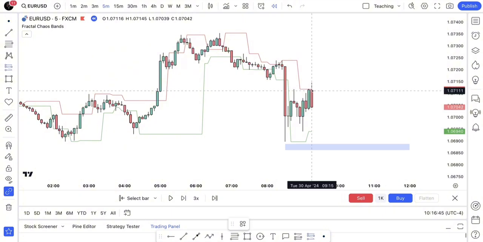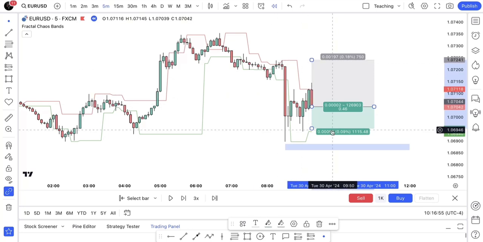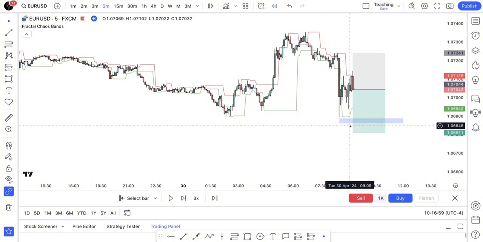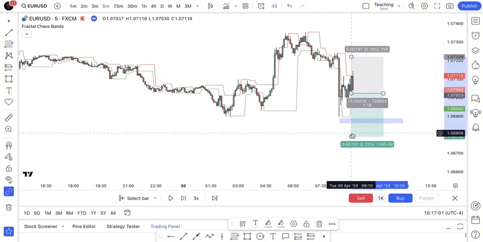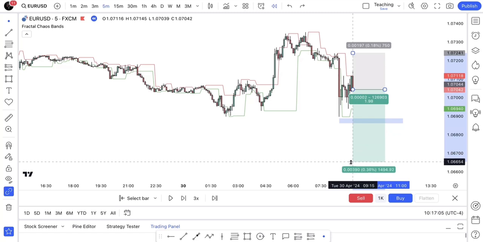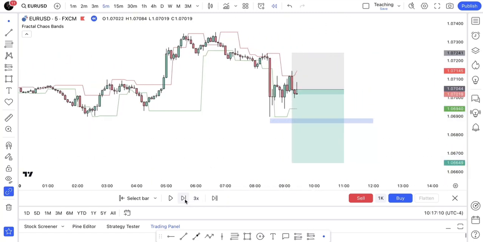Okay, this is a rejection and I like it, so I will execute my short position, entry here, and stop loss above the recent highs. Okay, and here we go for the take profit order. And a 2-hour trade. All right, and let's see what happens.